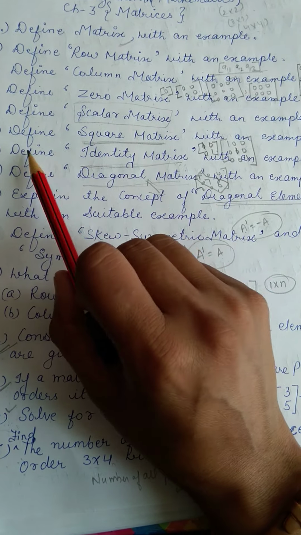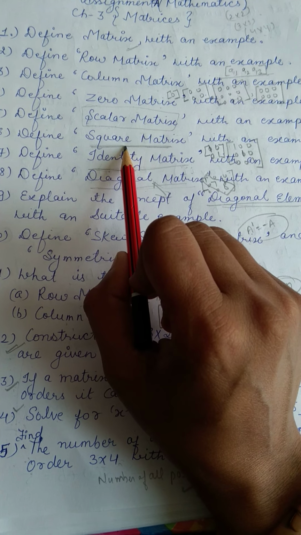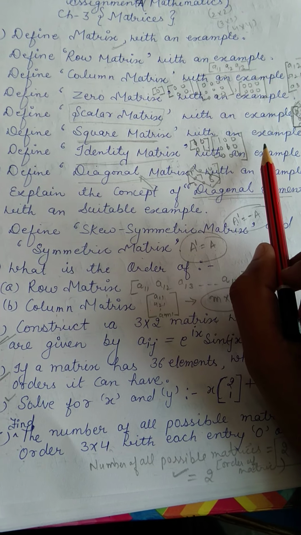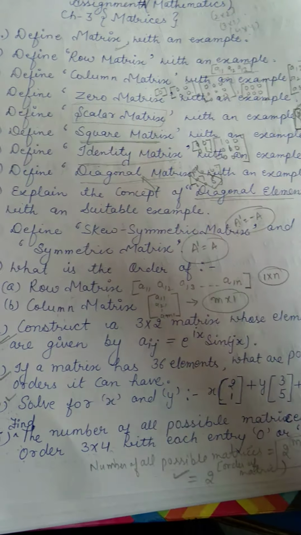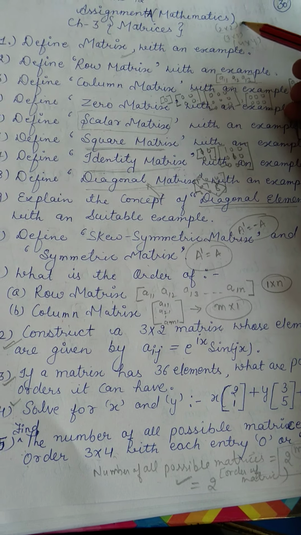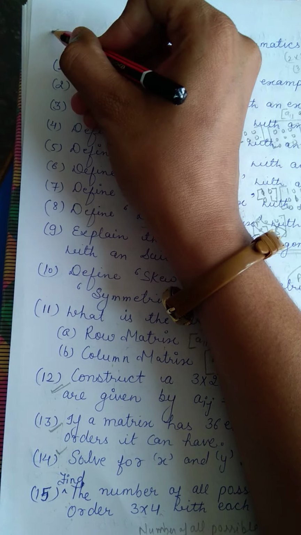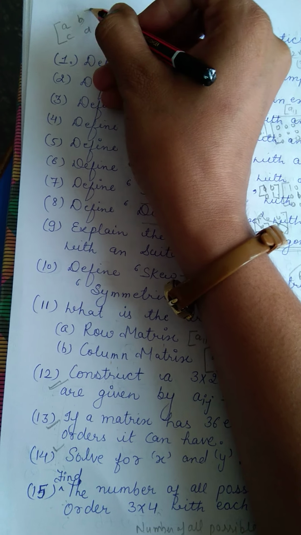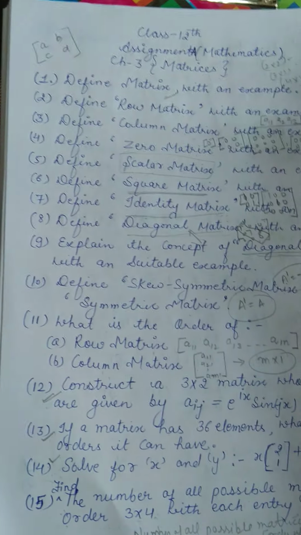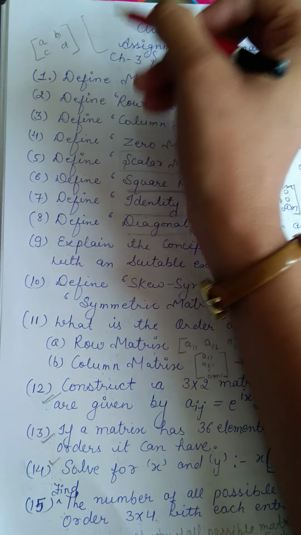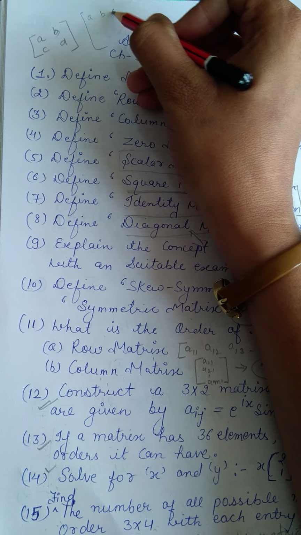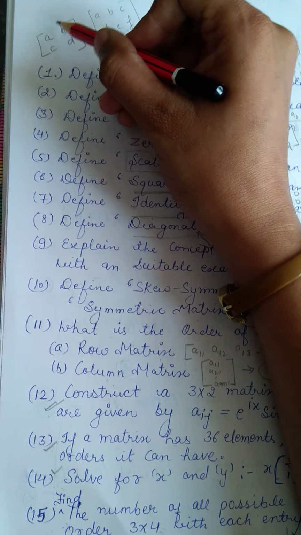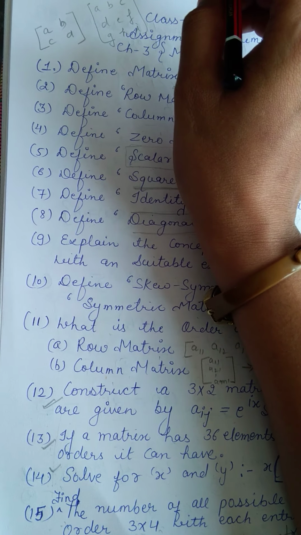Then is your square matrix. What about your square matrix, बच्चे? In your square matrix you will get matrices of either this form, 2 into 2, like A, B, C and D, or of this form, A, B, C, D, E, F, G, H, I. Means as many rows as there are, that many columns will be there.